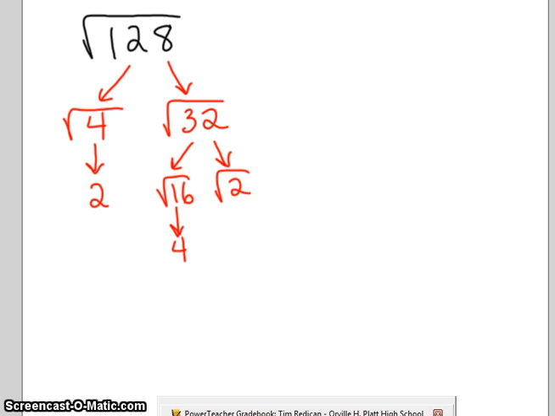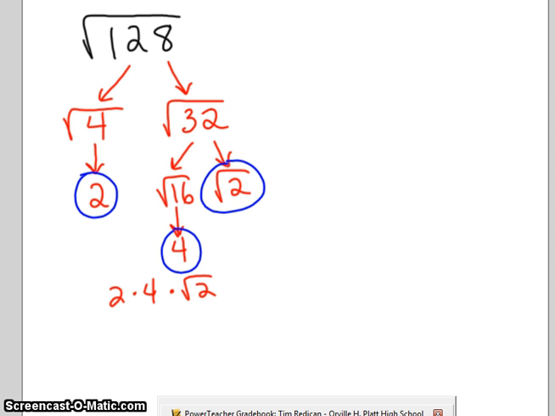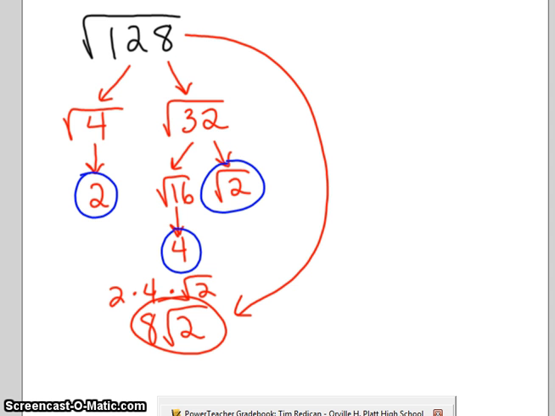All right, so what we're going to do is take each end of these branches that we've made by factoring, okay, and multiply them together. So we have 2 times 4 times the square root of 2. Well, what's 2 times 4? That's 8. Square root of 2 is by itself. We can't combine that with 2 and 4, so we have 8 square root 2. All right, so this is the simplified version of this.